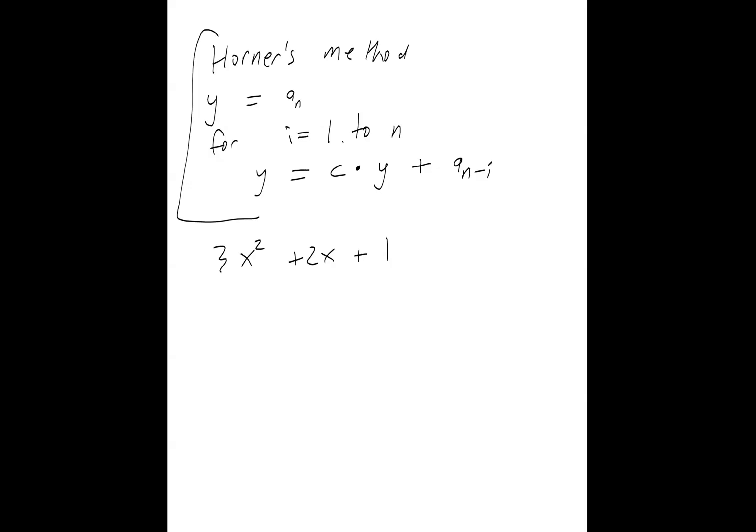But when you turn in your homework, you have to do these same steps with your problem. We need to step through this algorithm showing every step that happens. So first of all, y is equal to a_n, which is a_2, right? So y equals a_2, what is a_2?